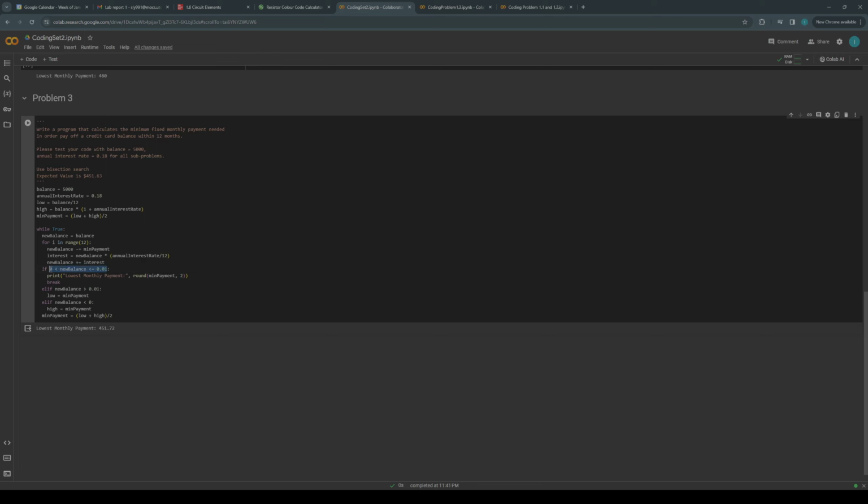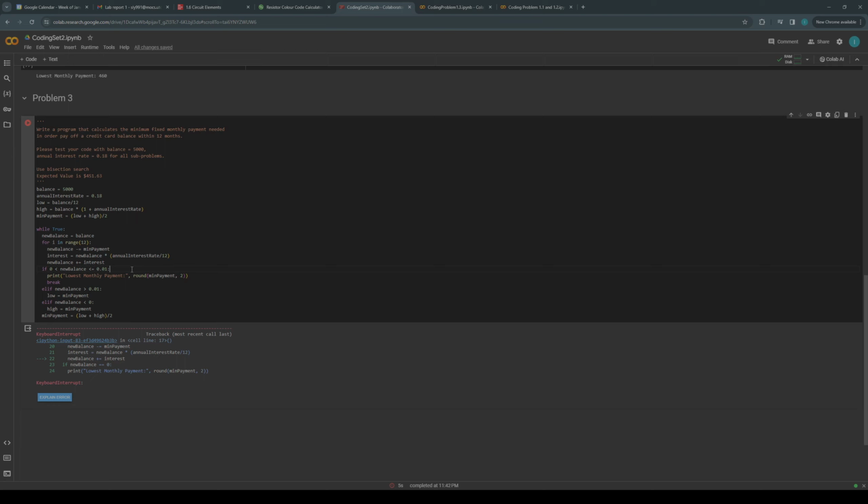Let's see what happens if I do this. Oh, it's going to go on forever because floats aren't specific enough. That's probably the case, because it's not going to be equal to exactly 0, since floats still have minuscule differences.